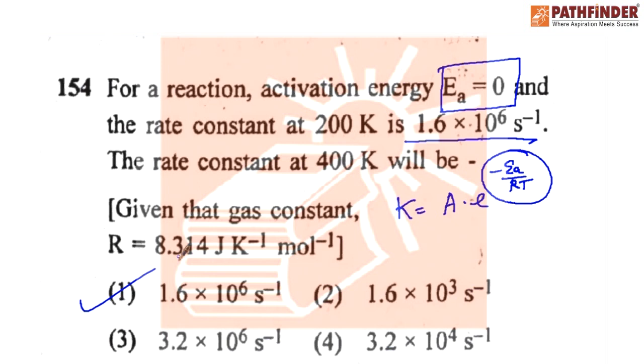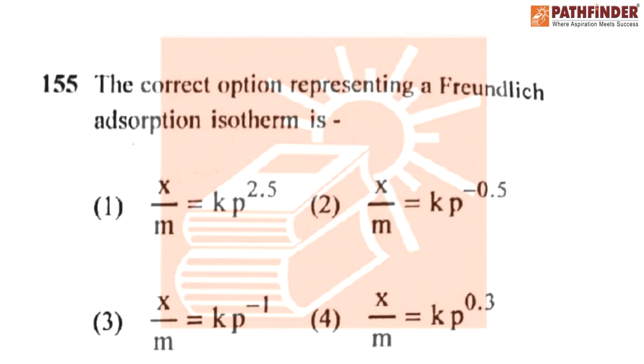Okay, let's move on to the next question, my students. The correct option representing the Freundlich adsorption isotherm. Actually, see, x by m, we know that it is directly proportional to p to the power, but it is equal to, I am writing it, k into p to the power 1 by n.